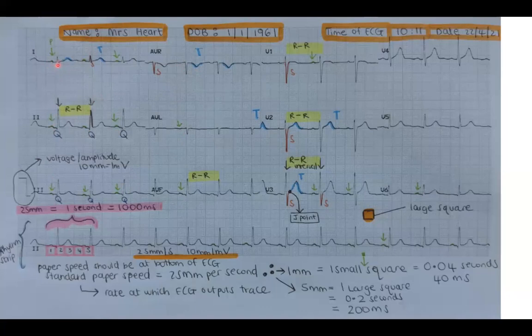And then we'll go to Q waves. So generally you shouldn't see Q waves besides in lead 2, lead 3. So you can see a tiny little negative deflection there. That's your Q wave.